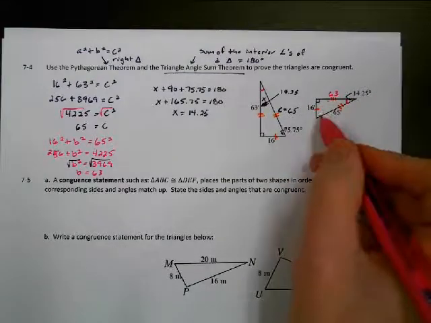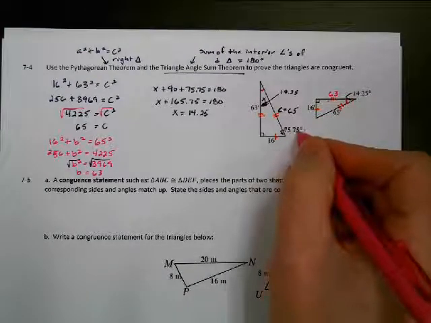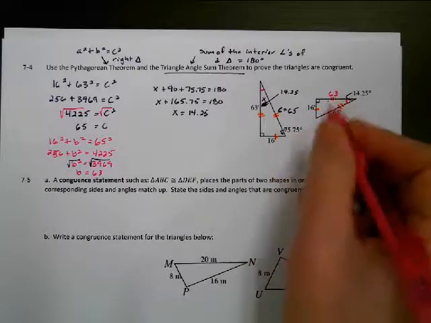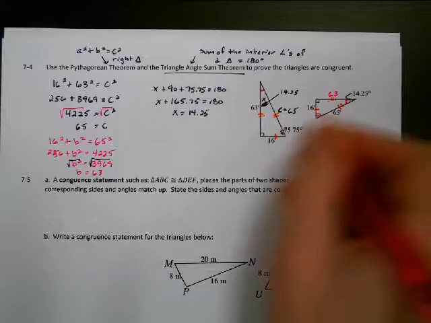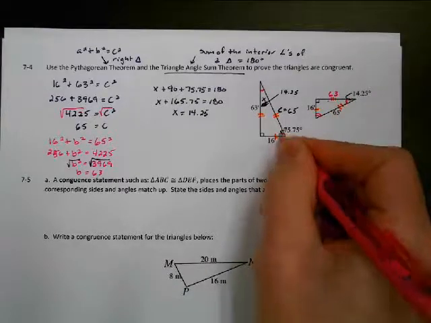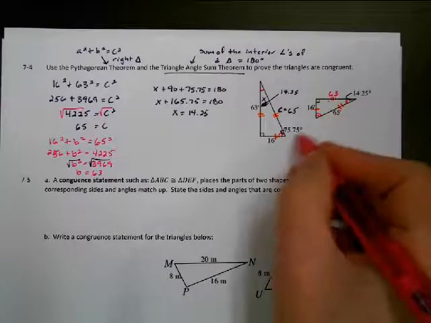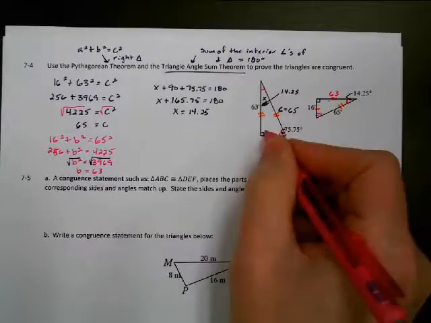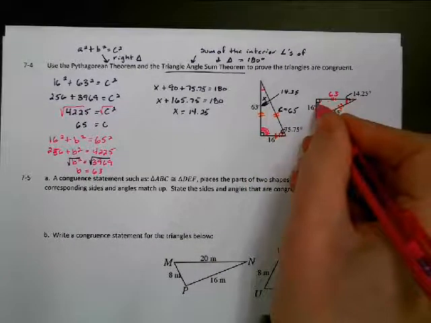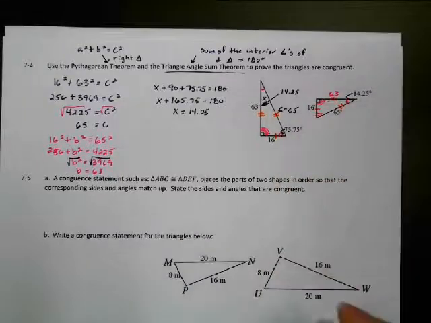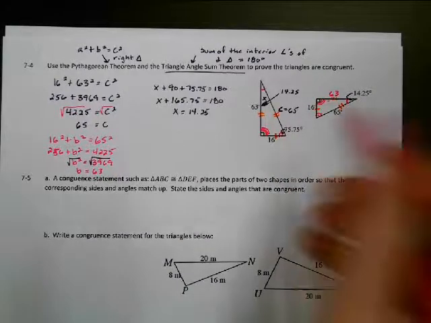So I put two angle marks here and two angle marks there. So those both are 75.75. And then both of these angles are 90 degrees.